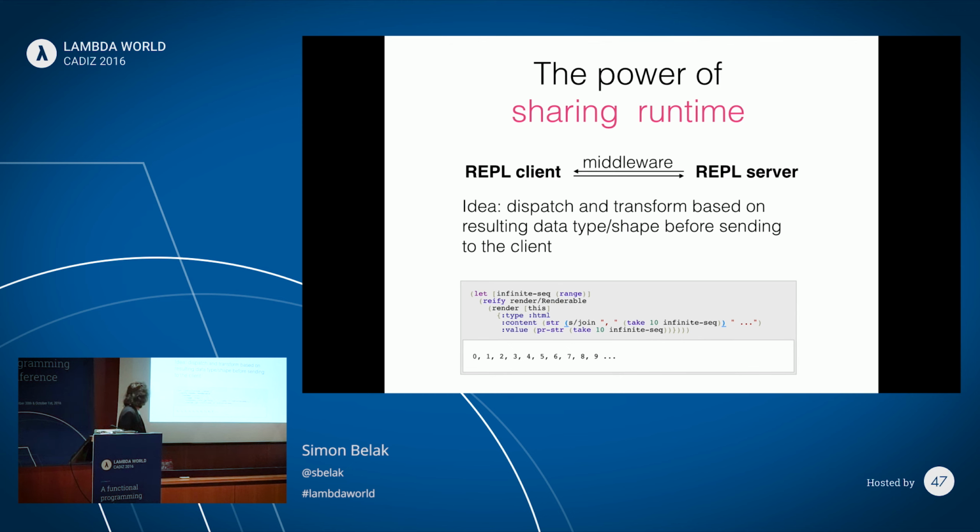What we do is use the protocol that dictates how things are rendered on the client side, and define a new way of viewing this, where it just takes the first 10 values and then puts ellipses after it, and you get this new representation. Now, obviously, this is just a toy example, but the point is that this is something I can type in my notebook, send to evaluate on the server, and this code will actually influence how the code is evaluated in the server and what's getting sent back to the REPL client.